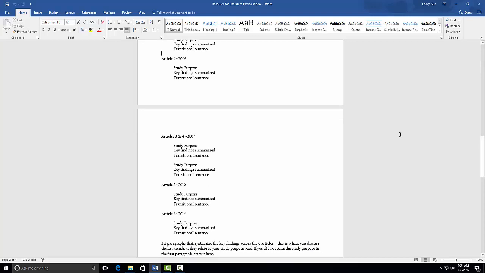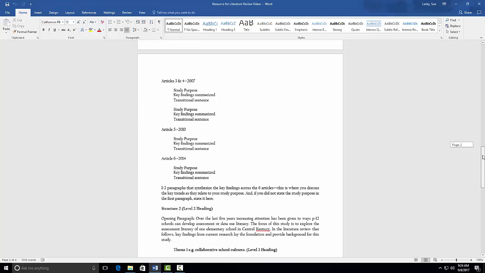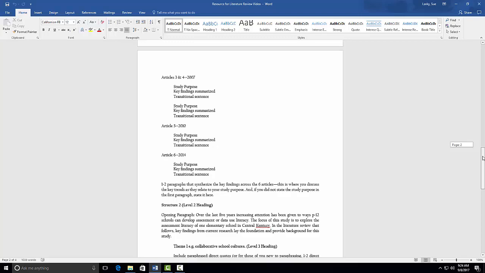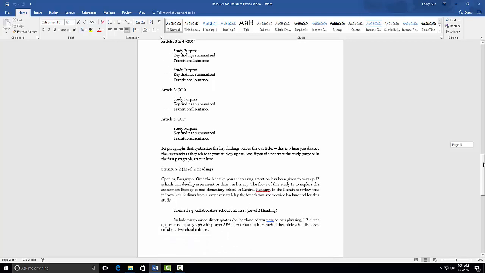You are literally using the findings from the other articles to build your case. So no reflecting on what you believe, no reflecting on your work experience, simply interweaving the various articles we've read to make your case and to lay the foundation for your study.